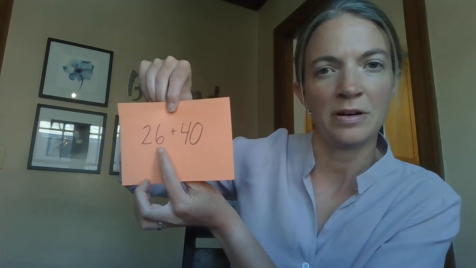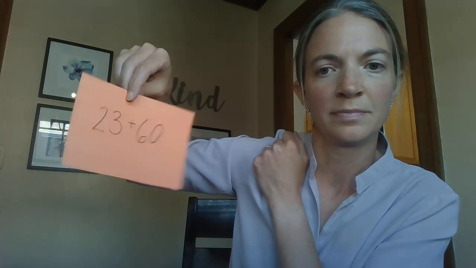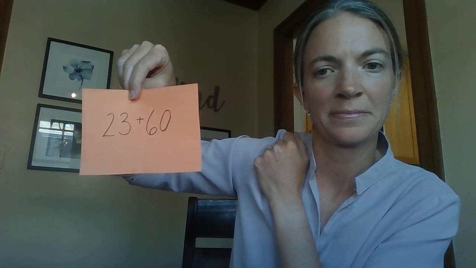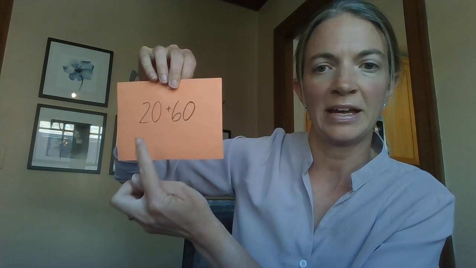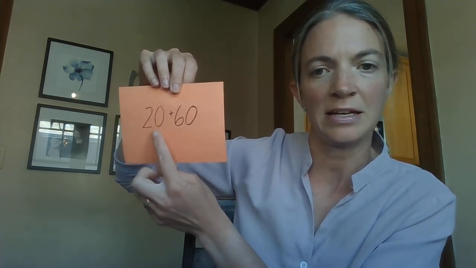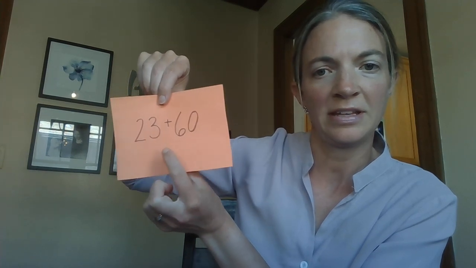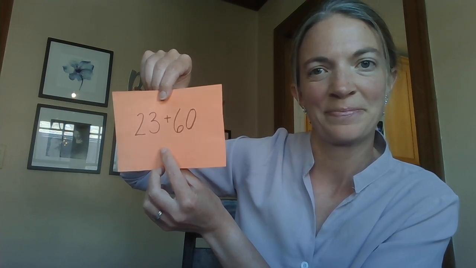So we have our 20 plus 40, which is 60, and 6 more, which is 66. Let's try one more. How many? And how many now? So we can count these 10, 60, 70, 80. Here we still see that 80, but we have 3 more ones, which is 83.